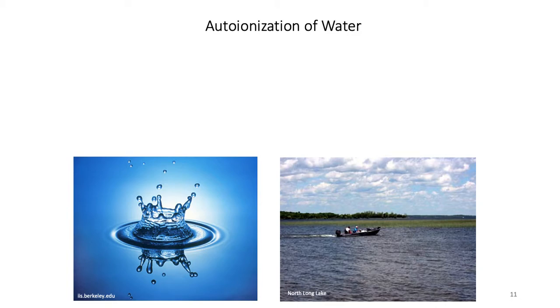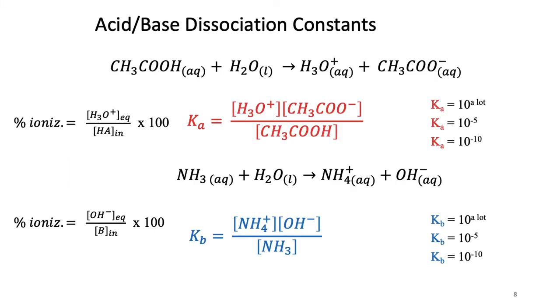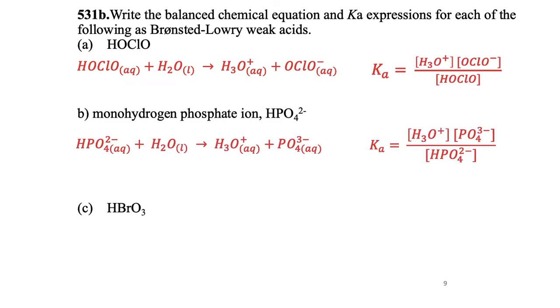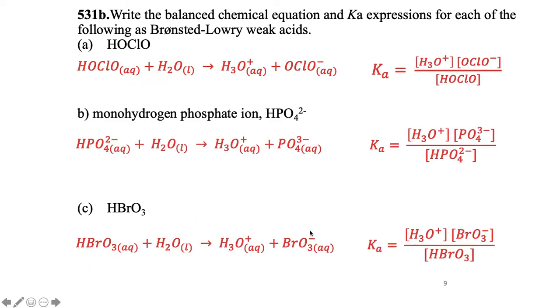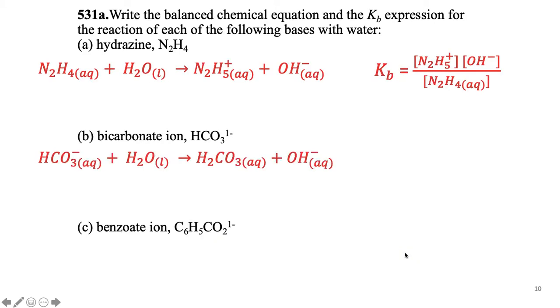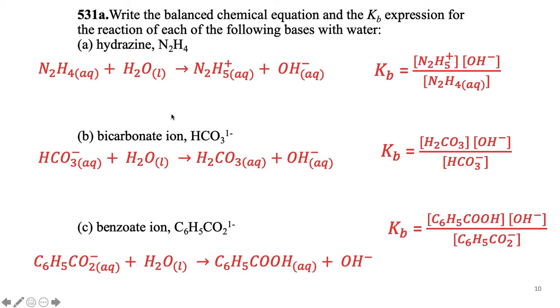Here's the example of these problems that we did. We wrote reactions and then we wrote Ka and Kb values right here. And if you noticed, we had water appearing as a reactant on both acid and base reactions.